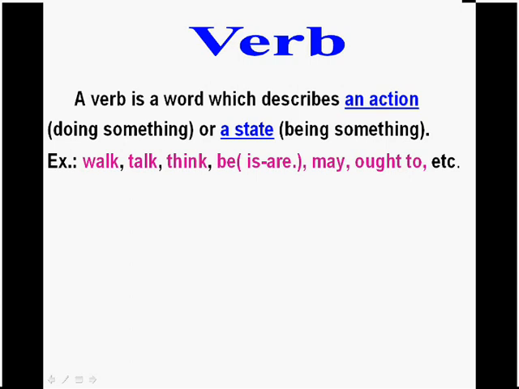Also we have modal verbs like may, ought to, and all other modal verbs. So a verb is a word which describes an action, which is doing something, or a state, being something. And we have examples like walk, talk, think. This is action. Be, may, ought to. These verbs describe a state.